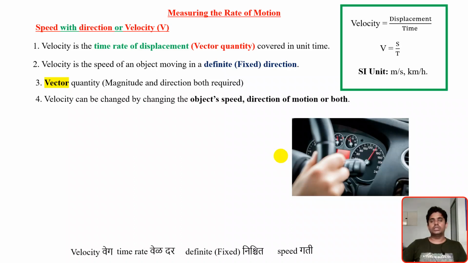Second option is you turn the steering wheel to the left side or to the right side. It means you are changing the direction of the motion. That is the second option. And the third option is, together or at a time, you are changing the car speed and also rotating the steering wheel, either left or right.